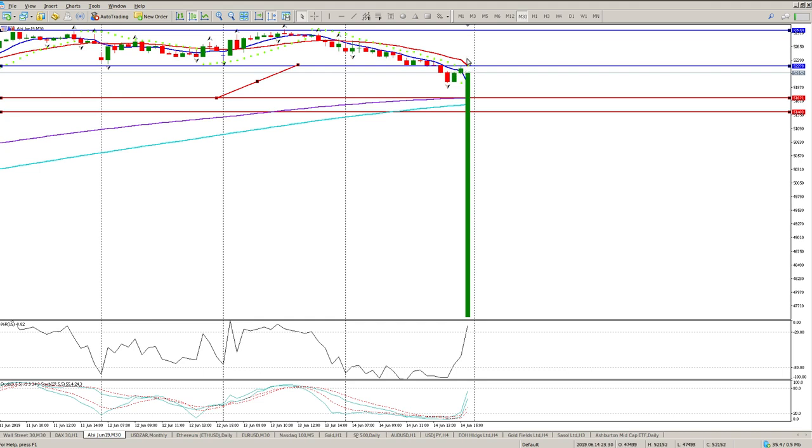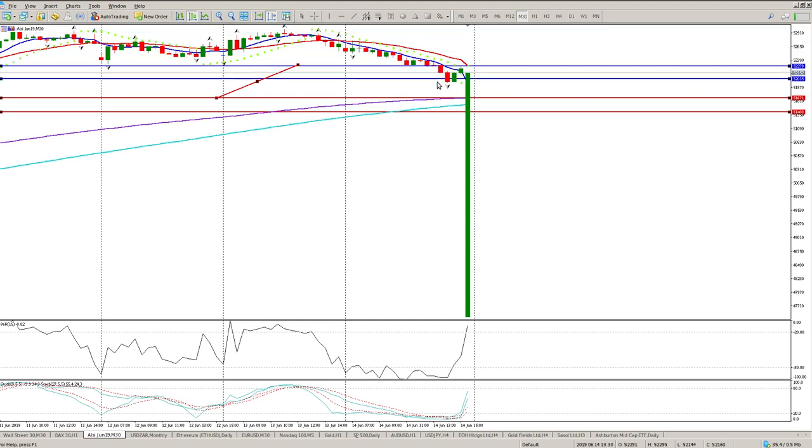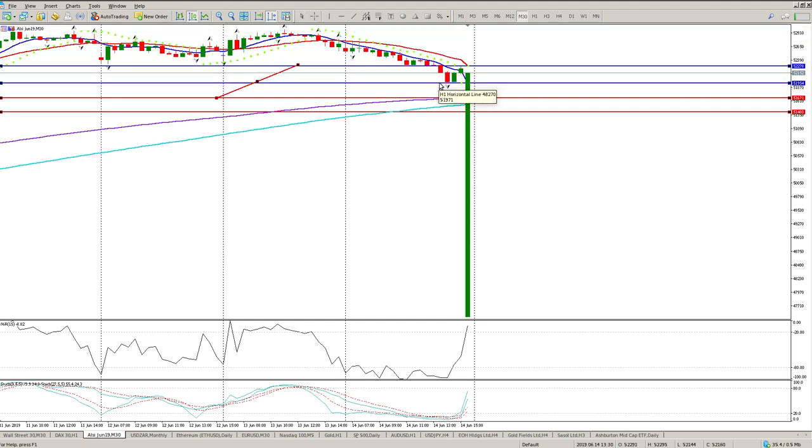So any break above here, I'm going to want to see a retest before I get in for that long, because it'll be counter trend at the moment. And I'm going to take this one here. That is my closing range.